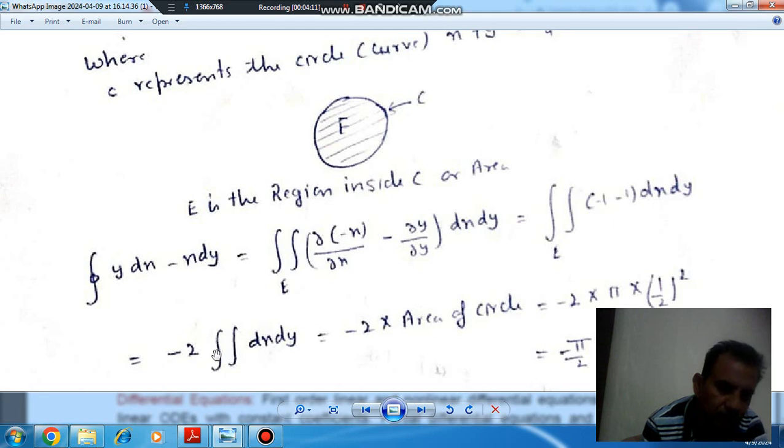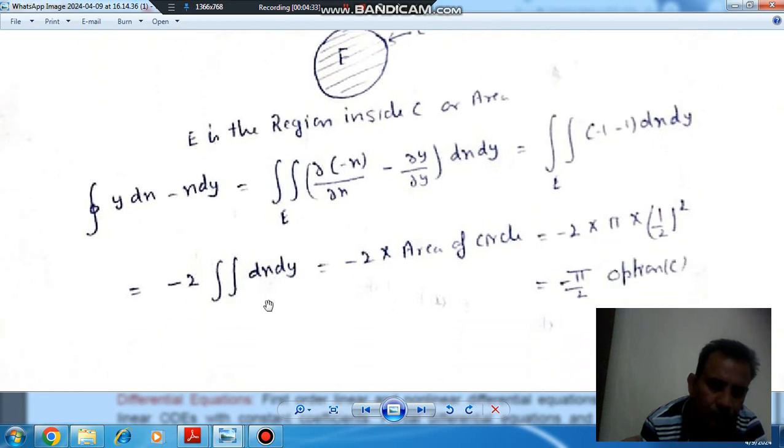2 is constant, so it can be taken out of the integration. Double integral dx dy: if we consider a small element within the circle, then it is the area of that element. So the double integral will represent the area of the circle.